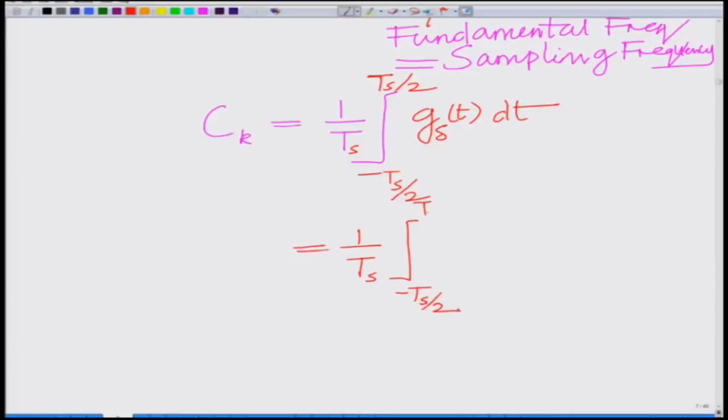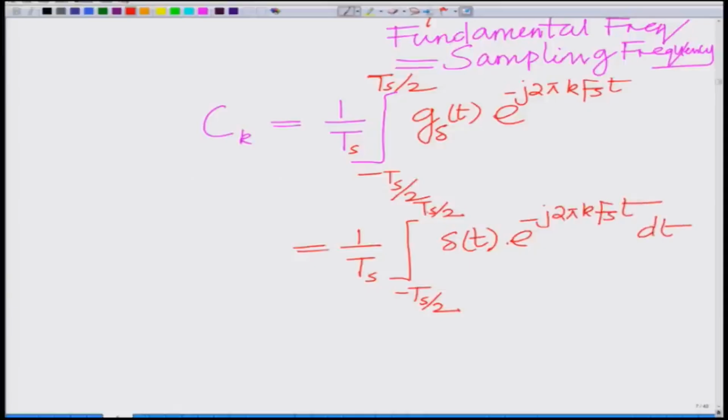That is equal to 1 over Ts, integral from minus Ts by 2 to Ts by 2 of delta(t) e to the power of minus j 2 pi k Fs t dt, where we replace g_delta(t) by delta(t) in that interval.